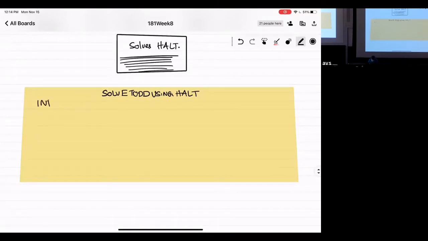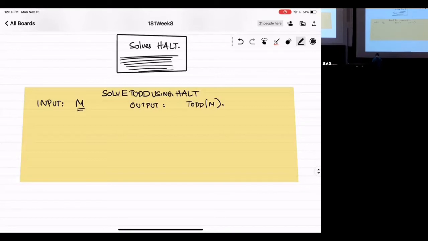I'm given as input a description of a Turing machine M, and the desired output should be toddler of M. I'm going to design a Turing machine for this, but we're going to use the black box for halting here.